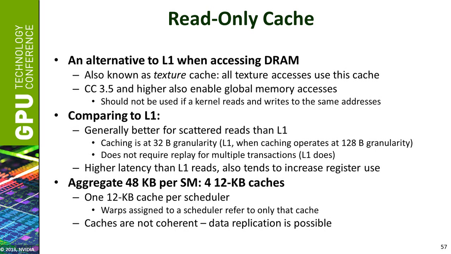So the compiler, in order to generate these accesses for this path, has to know that if you are reading from that address, a thread in the same kernel will not also be writing to that address, because this cache is not aware of any writes, so you might be getting stale data. Comparing this path to L1, it has its benefits and some shortcomings. It is generally better than L1 for scattered reads.